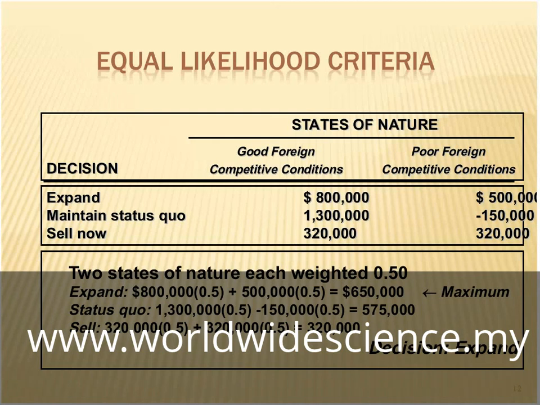When you multiply these numbers, you can calculate the new result for each option, and after that, you should select the maximum number. The maximum number is here for expand. So the decision is expand. Four methods out of 5 told you expand is the best. So you should select expand.